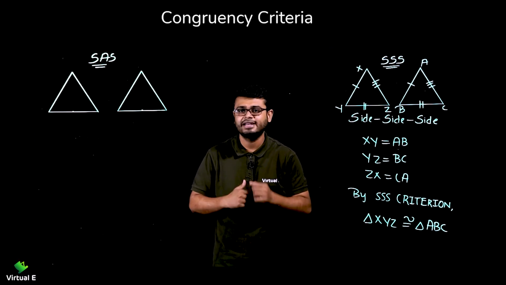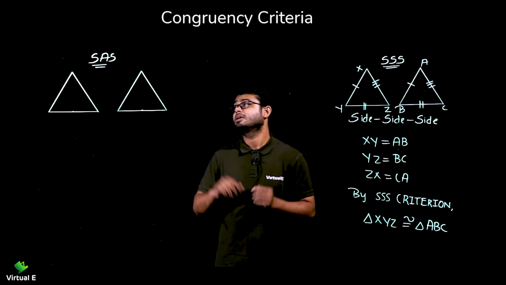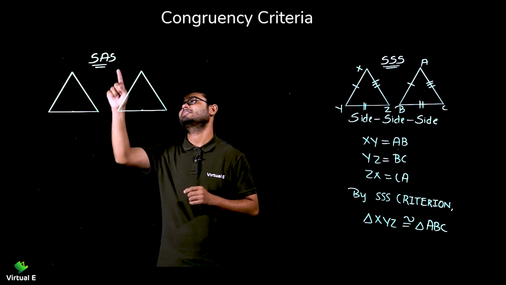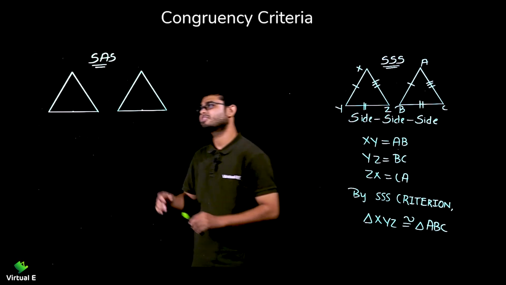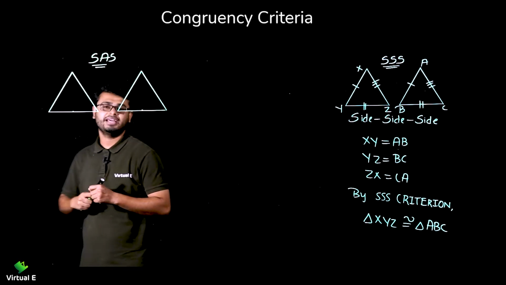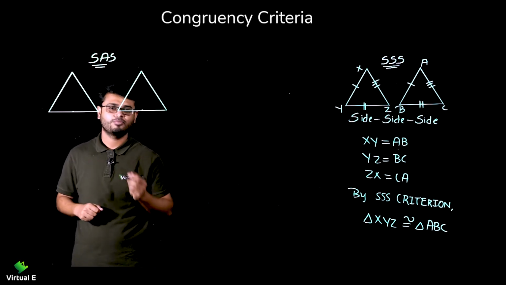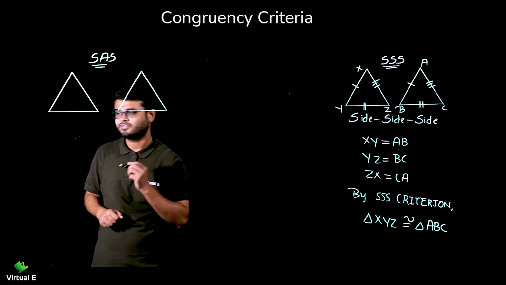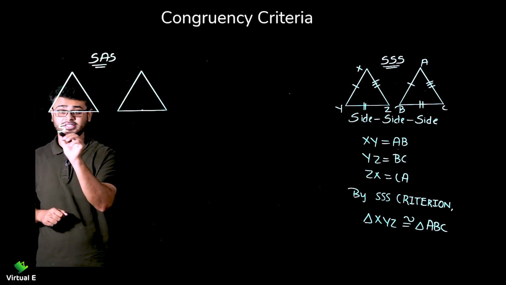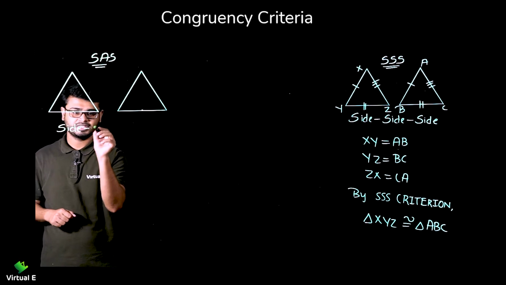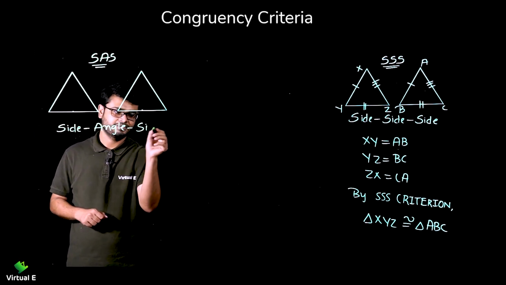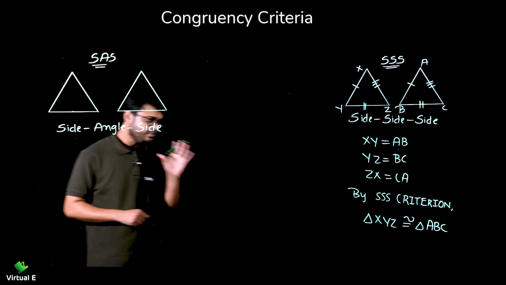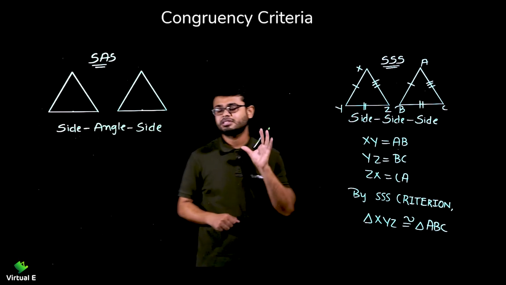Let's discuss the next condition. Next condition is SAS. Now think of this kind of name, like extended version of it. As S is for the side and A is for angles, as I told you at the start. So let's write this condition is about side, then angle and side. Now here order matters a lot.